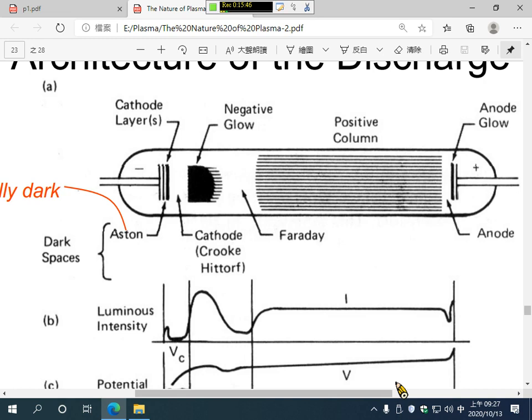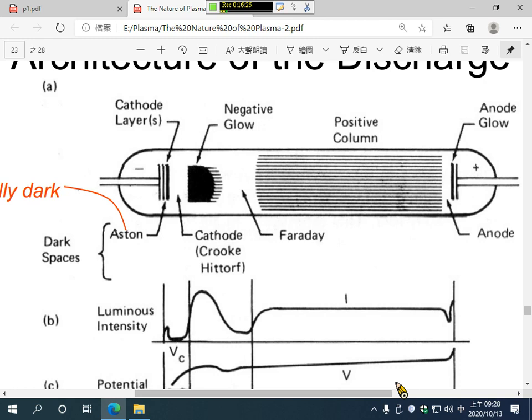In this region electrons gain energy from the electrical field and become primary electrons, but after the collisional process the primary electrons lose energy, so the energy of the electron is smaller than the ionization energy of gas atoms. When they travel across this region, those electrons cannot ionize gas atoms.